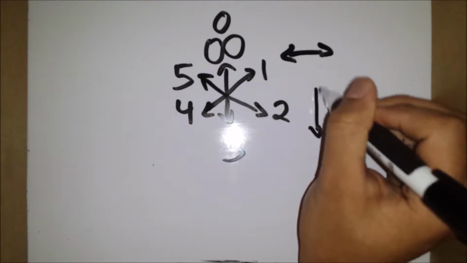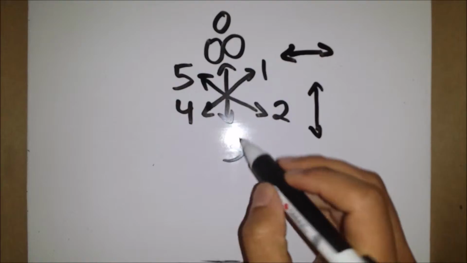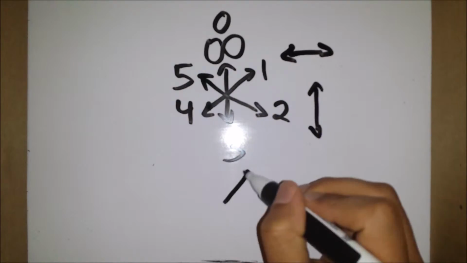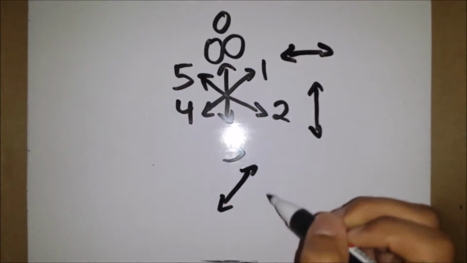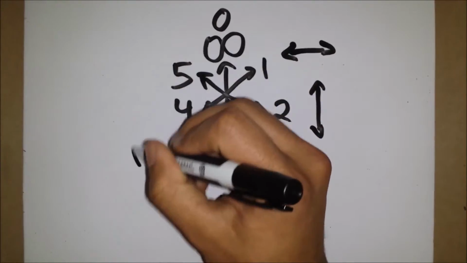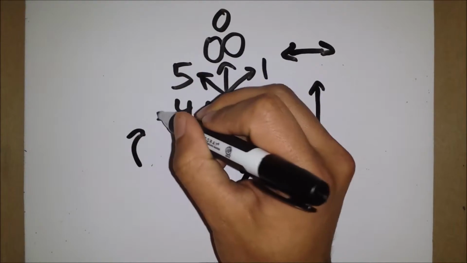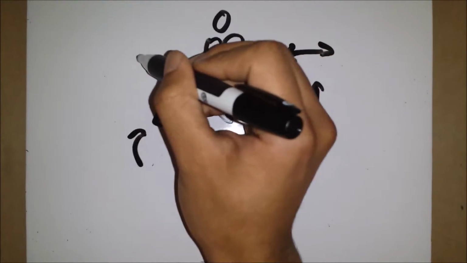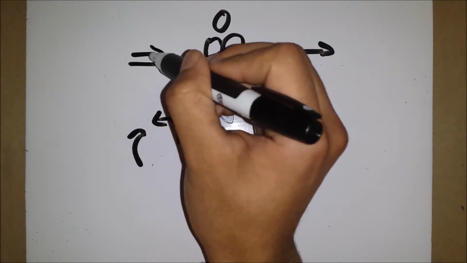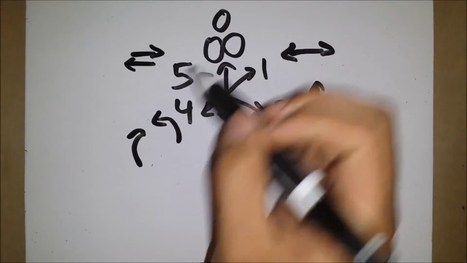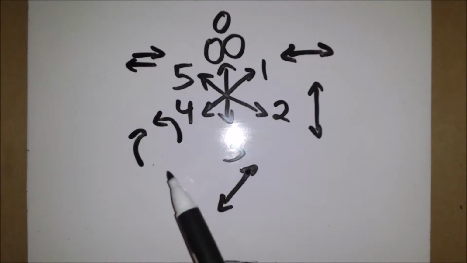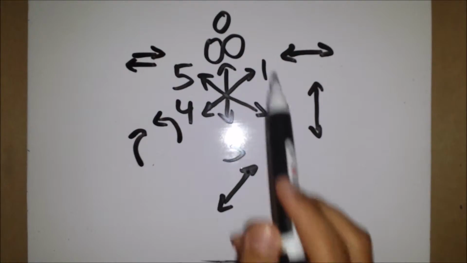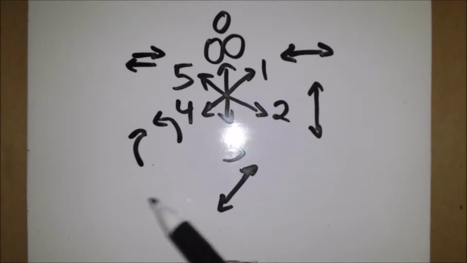This dimension adds this form of travel. This dimension adds this form of travel. This dimension adds that form of travel. And this dimension adds that form of travel. So that's an interrelation of the dimensions.